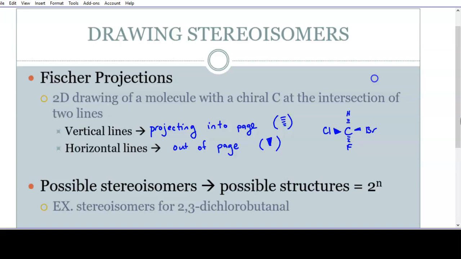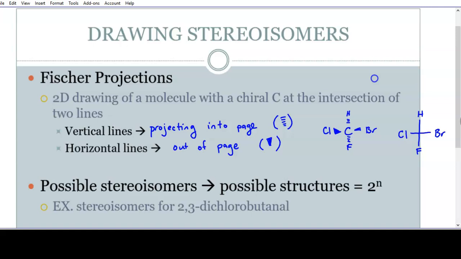So if I turn this into a Fischer projection, it would look like this. I don't draw the C, it's at the intersection. And then I would have H and F here, because they're vertical, they're going into my page. And I would have Cl and Br here, because they're coming out of my page.